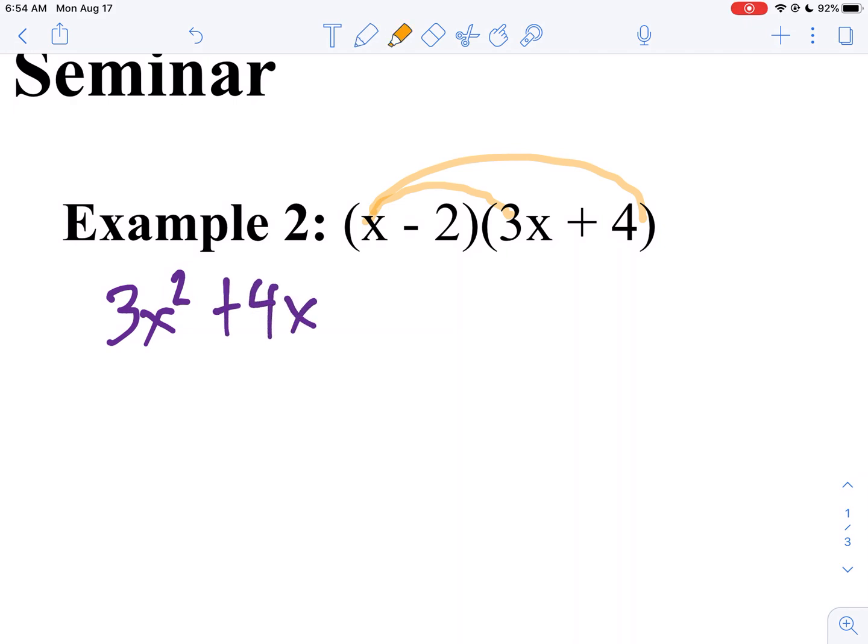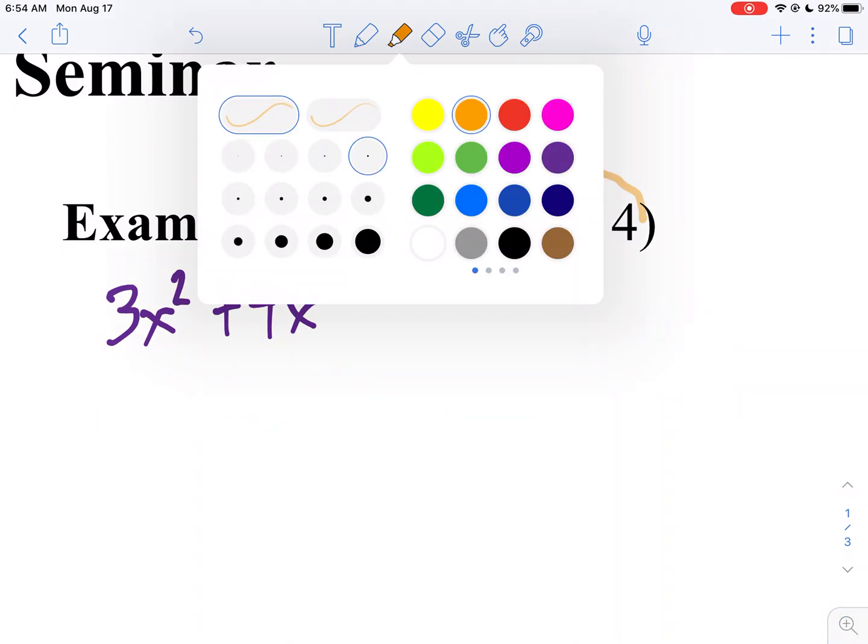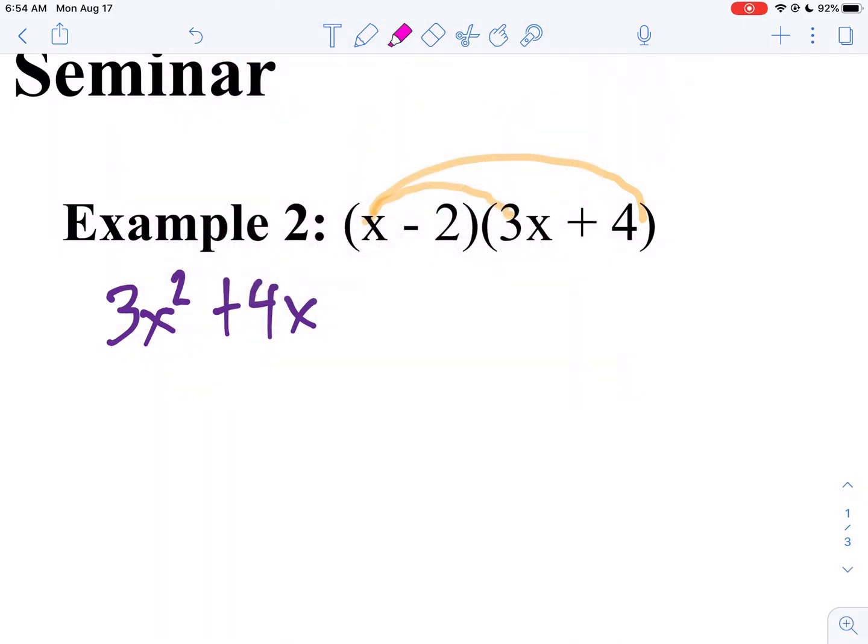Now I'm going to do the same thing with the negative 2. Notice there's a negative sign, so we're going to switch the sign. When it says minus 2, I think of it as a negative 2. So negative 2 times 3x is negative 6x. Negative 2 times 4 is negative 8.